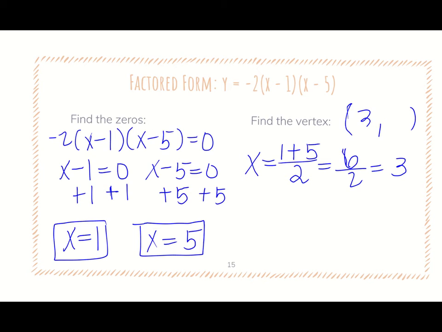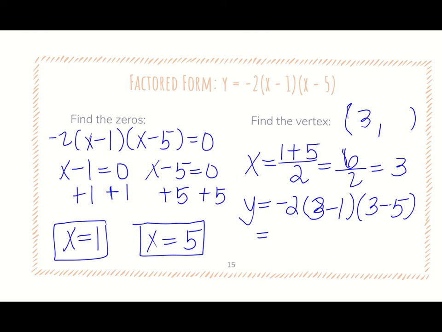Well, how do we find y? Well, now that we know x, we can plug it into the equation. So we would get y equals -2 times 3 minus 1 times 3 minus 5, and we would simplify our parentheses and multiply.